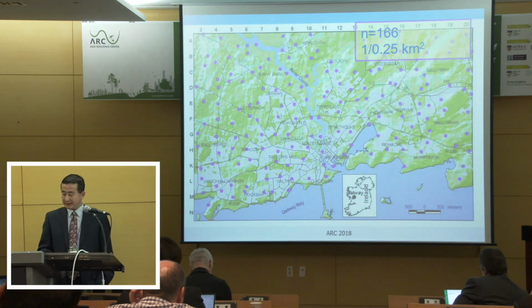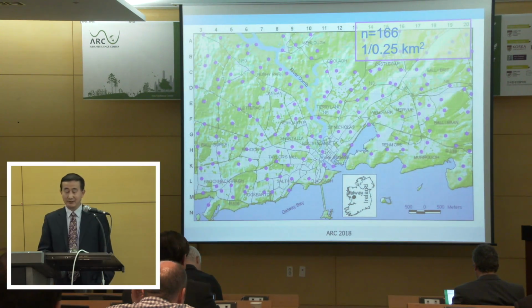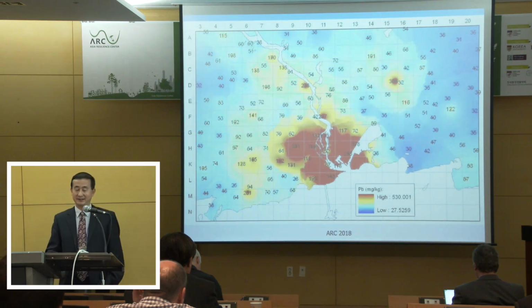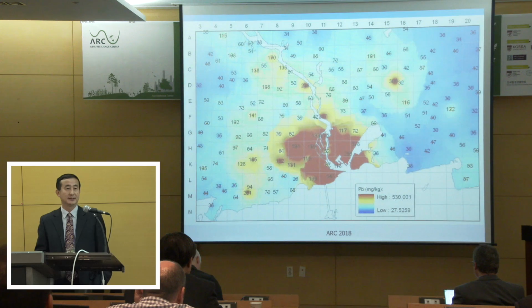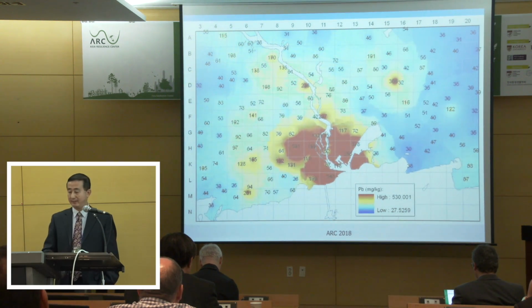It's a very clean area with very little pollution. It's interesting to find some information there by sampling, specifically for lead. You will see that lead is concentrated in this urban area, and you get lower concentration in the suburban area.